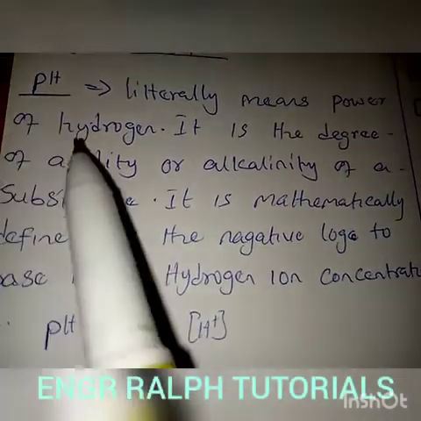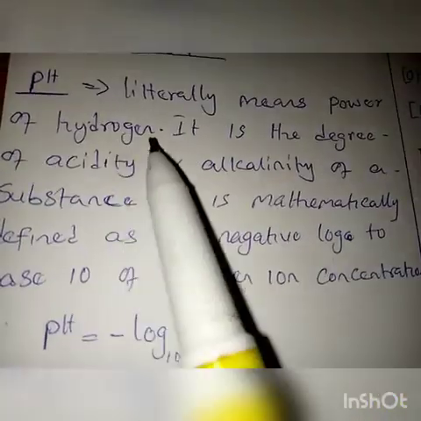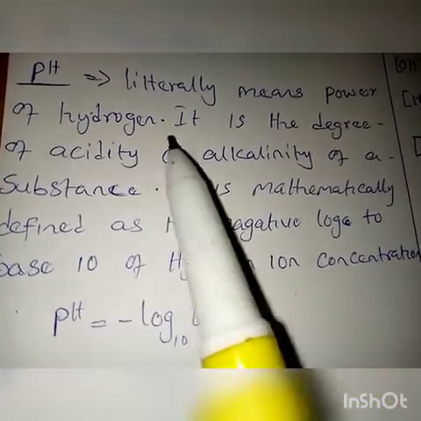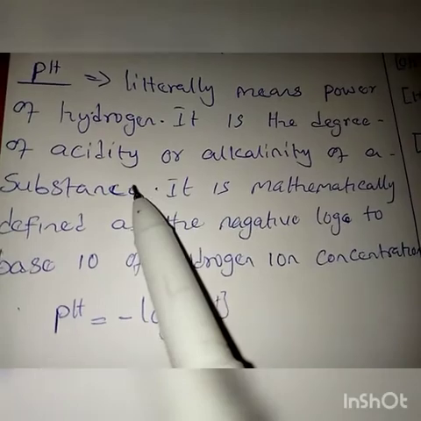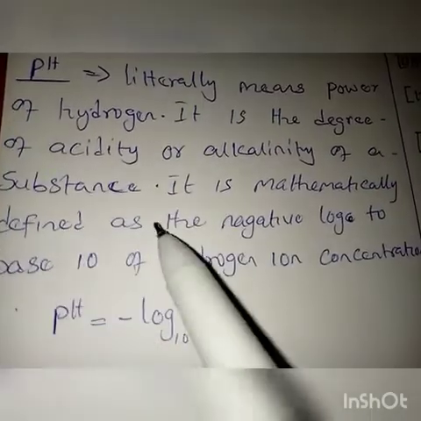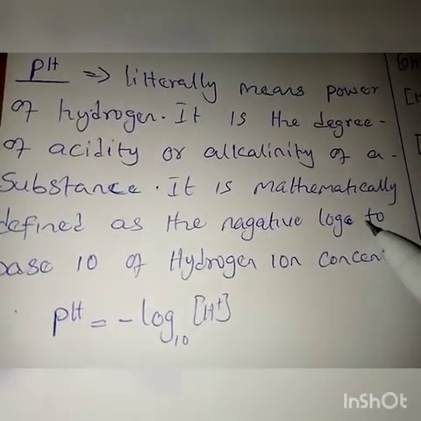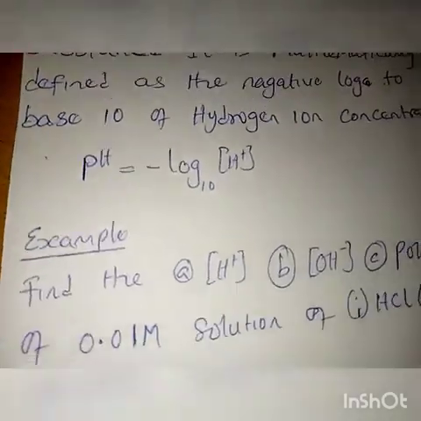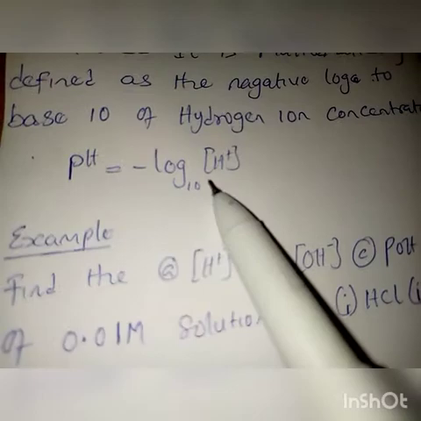So pH literally means power of hydrogen. It is the degree of acidity or alkalinity of a substance. It is mathematically defined as the negative log to base 10 of hydrogen ion concentration. So this is the mathematical expression for pH.